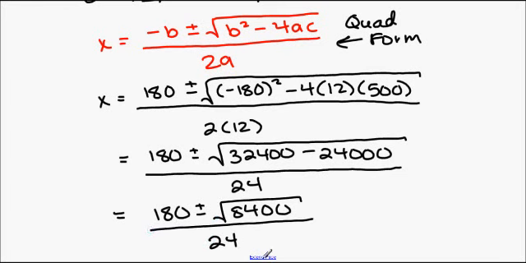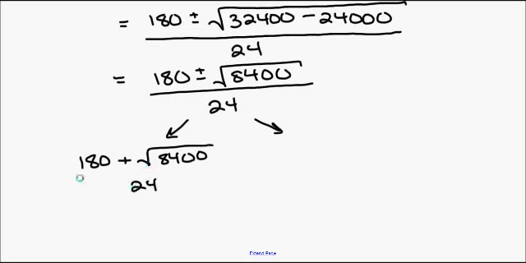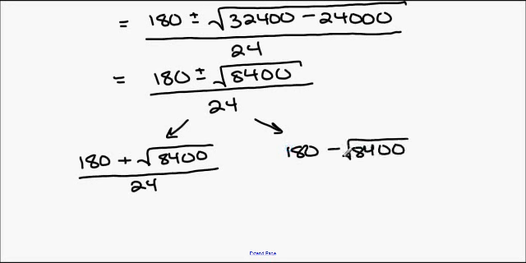And at this point, I'm going to break this up and I'm going to use my calculator to evaluate the two values here. So I have 180 plus the square root of 8,400 divided by 24, and 180 minus the square root of 8,400 divided by 24.